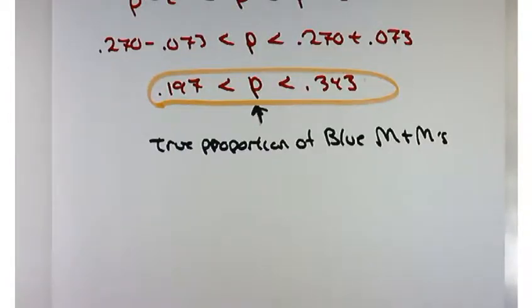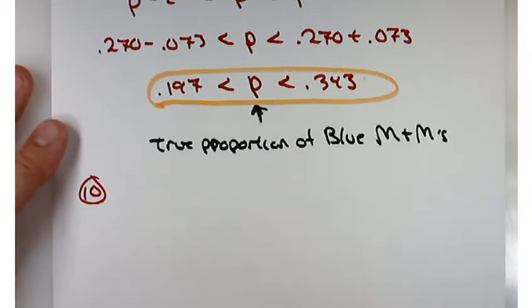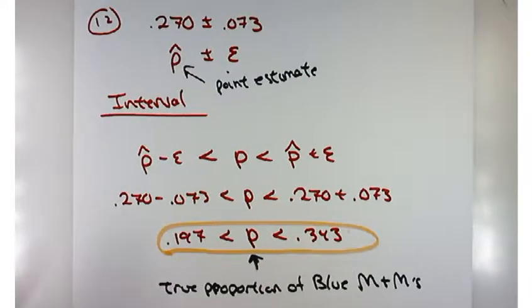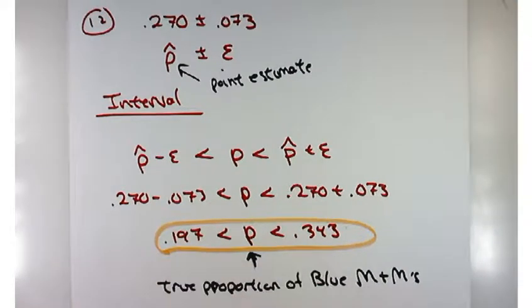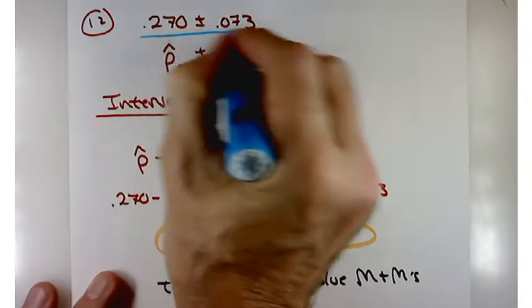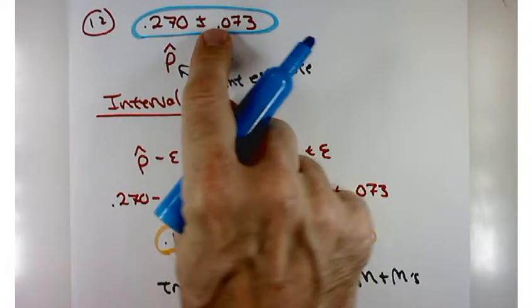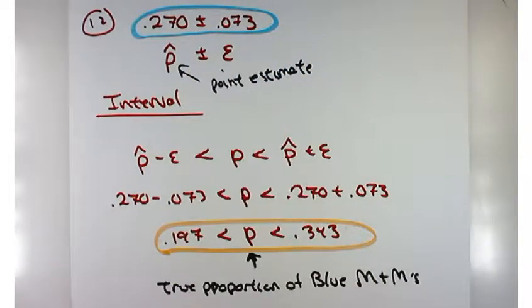Anything else? Let's back up a step and look at problem number 10. Problem number 10 is going to ask us to reverse this process. So with problem number 10, we're going to start out with an interval like this. We're going to try and write things as p hat plus or minus e, like that. So you're going to go kind of backwards.